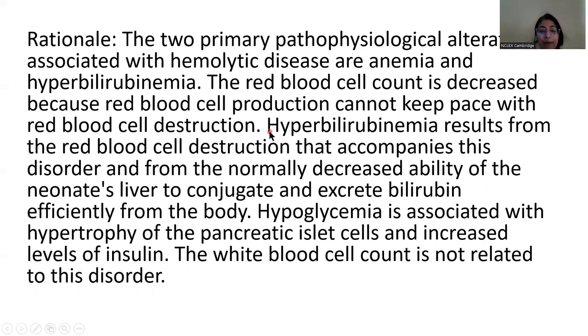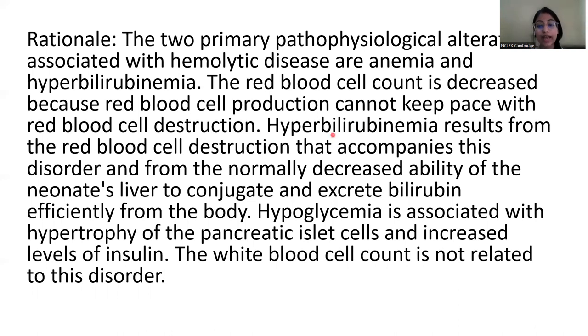So there is a disbalance between the RBC that are forming and the RBC that are being destroyed. Destruction has increased, but production is decreased, which will lead to accumulation of products, and the liver will not be able to conjugate this much.